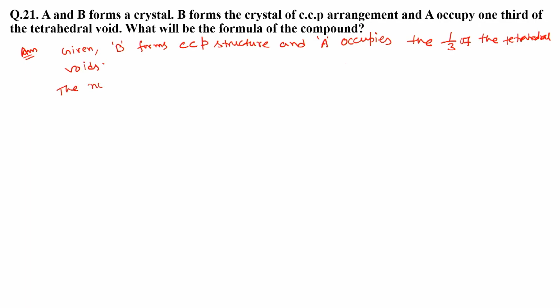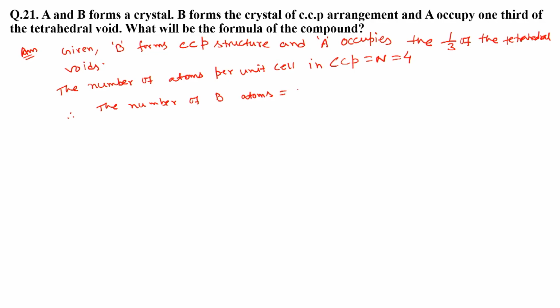The number of atoms per unit cell in CCP is 4. Therefore, the number of B atoms is 4.